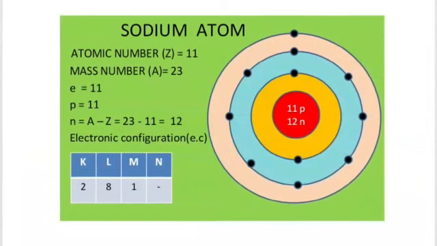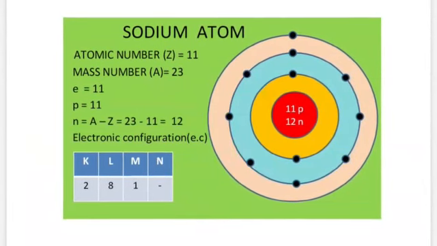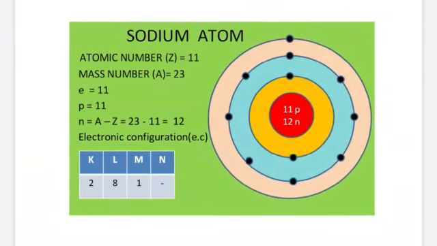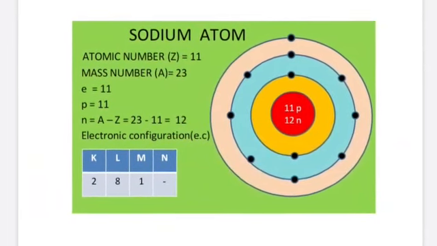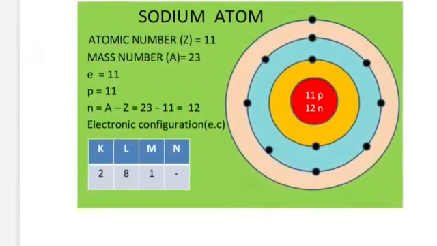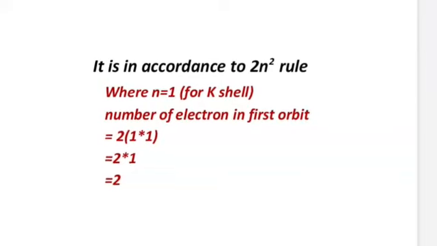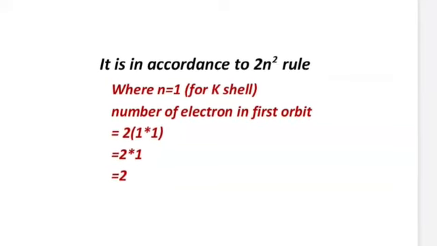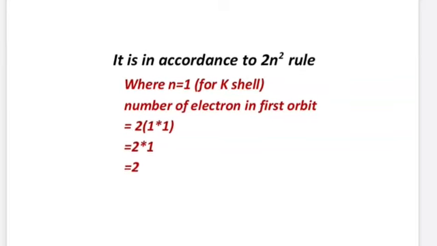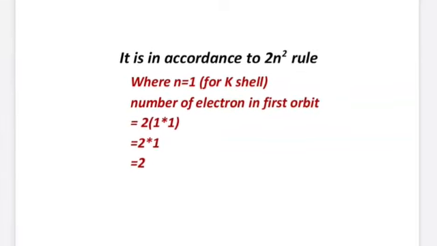Keeping these two rules in mind, we now draw the structure of sodium atom. Atomic number 11, mass number 23. Therefore, 11 electrons, 11 protons and 12 neutrons. According to 2n square rule, n will be equal to 1 for K shell of sodium atom and hence it will have 2 electrons in the K shell.